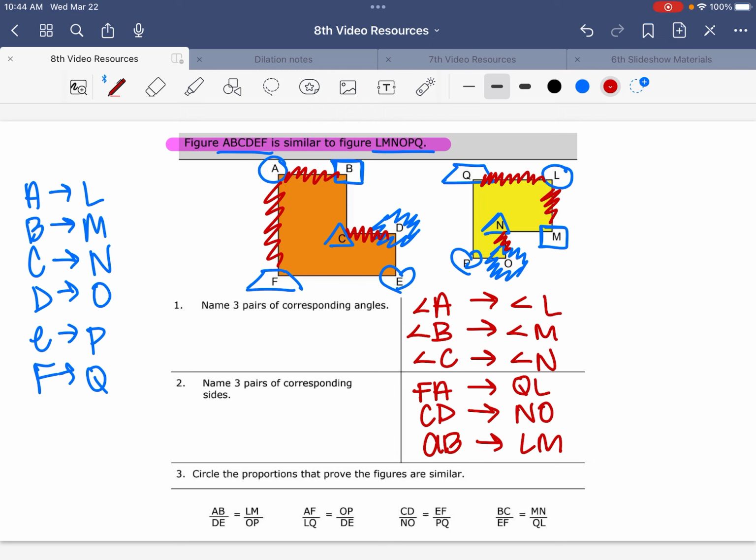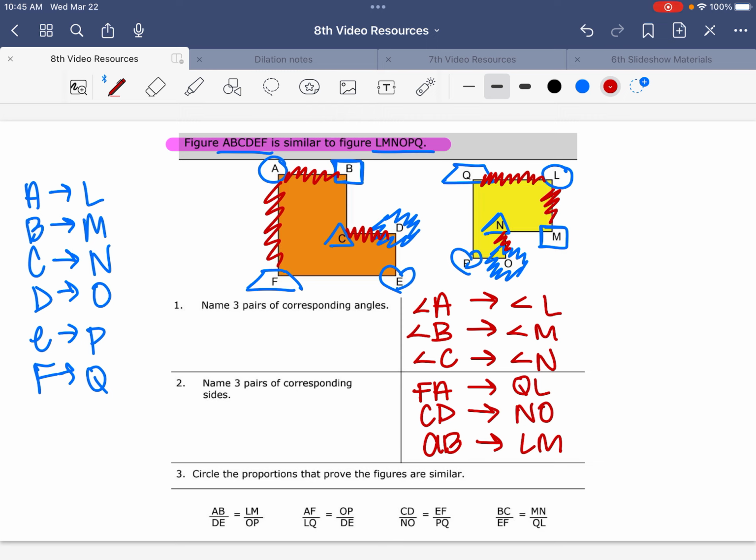So a ratio that's equal to another ratio. And we want to show which one of these prove that these are similar. Remember, similar figures are the same shape, different size, and their side lengths are proportional, meaning their corresponding sides have to be equivalent ratios.